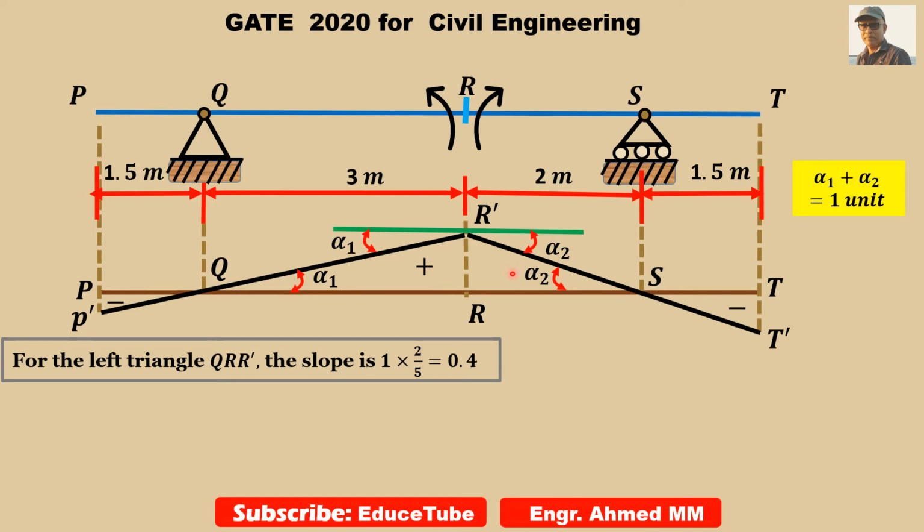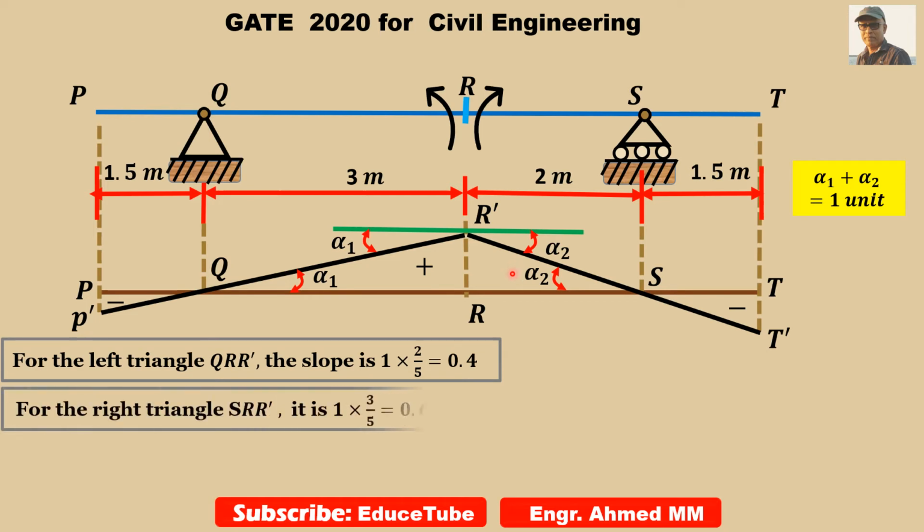Again, for this triangle, we have 1 unit total for alpha 1 plus alpha 2. We need how much is split for this, how much for this. So this will be 2 by 5, and surely this part will be 3 by 5. Already I said it is split between the two triangles in inverse proportion to the base length of the triangles. That's what it is.